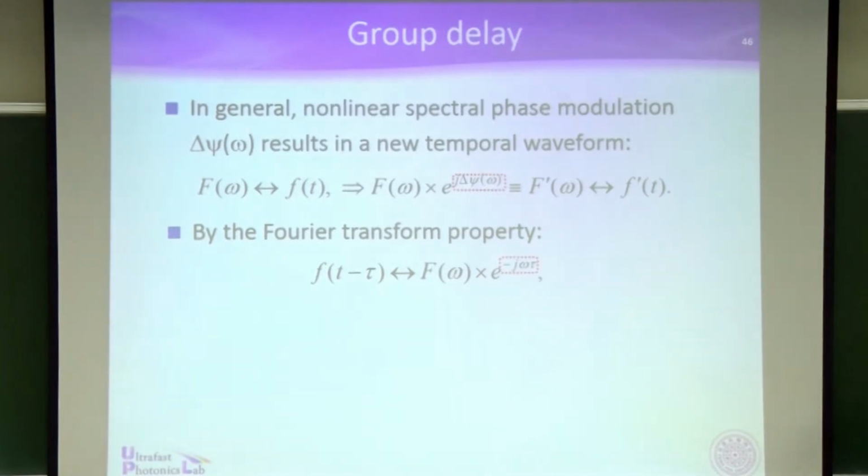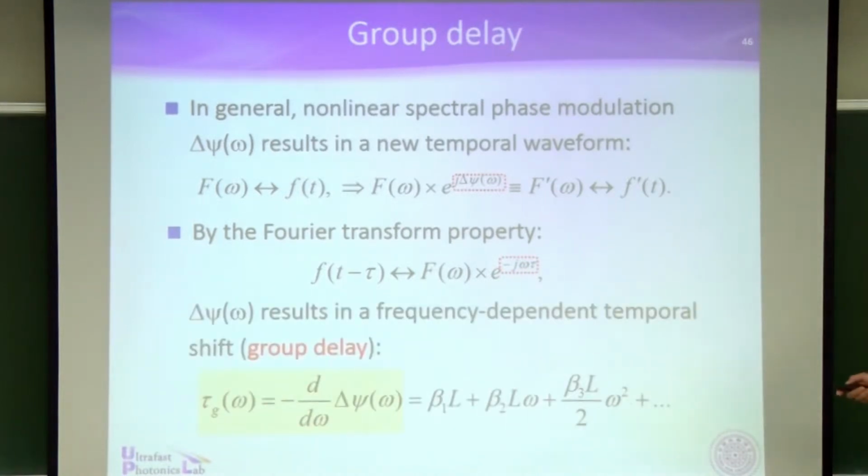And then you can compare the phase modulations. In general, it's delta psi. In particular, it's minus omega tau. So you can conclude the nonlinear phase modulation results in a frequency-dependent temporal shift, or usually the term group delay.